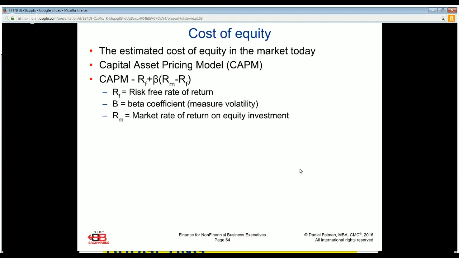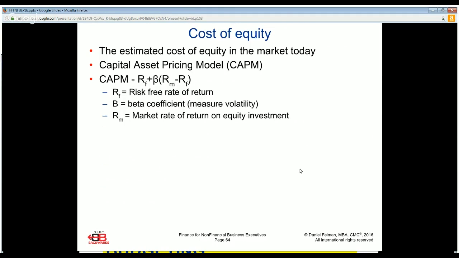And please don't get intimidated by the formula. All formulas look a little scary when we first look at them, but once we break them down into their base components, they become easier to understand. This is the standard model for calculating, for every organization, what's called our cost of equity.